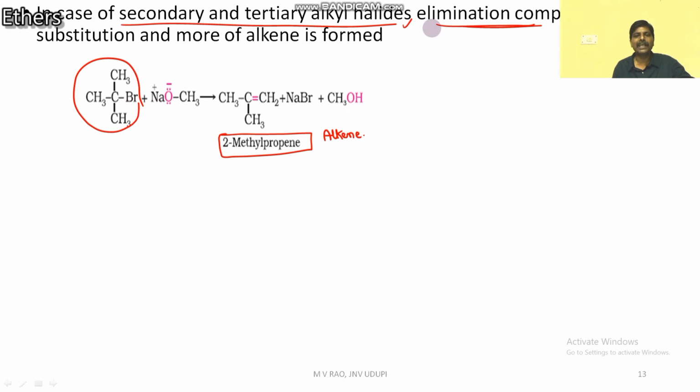Elimination reaction will take place, because the alkoxide is a strong nucleophile. So that's why the product is alkene. So you have to take primary alkyl halide. Then only you will get ether. If tertiary alkyl halide is taken, then the product is alkene.